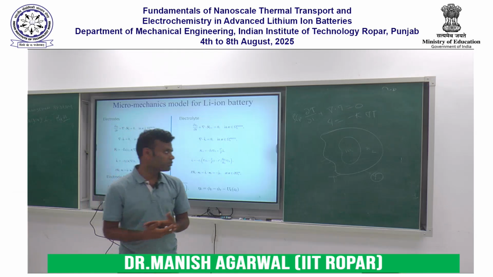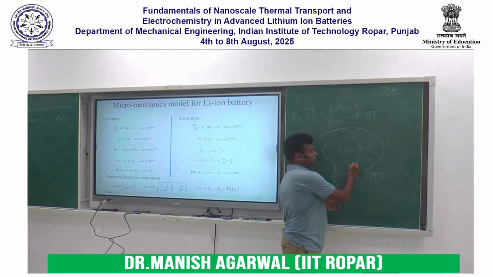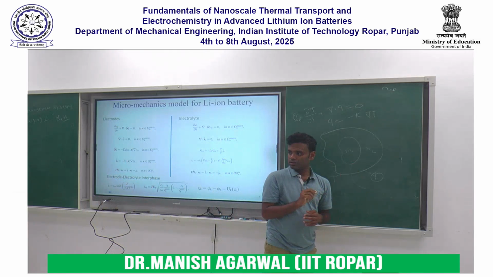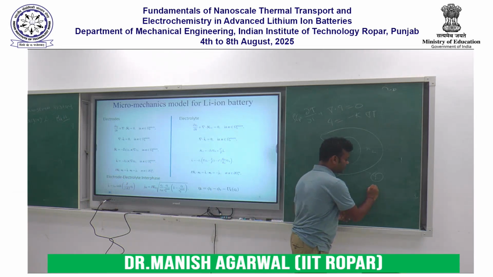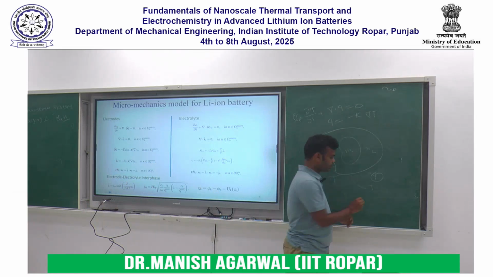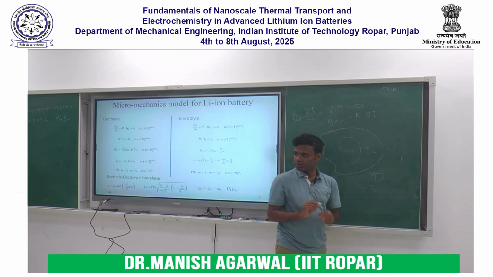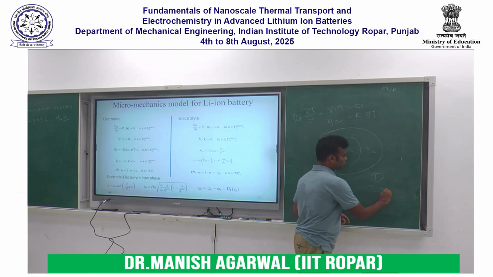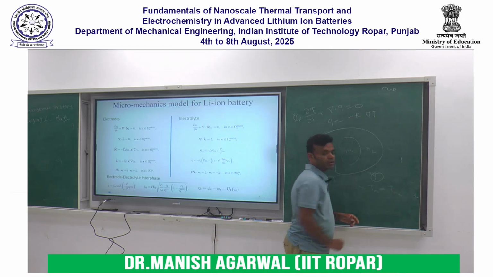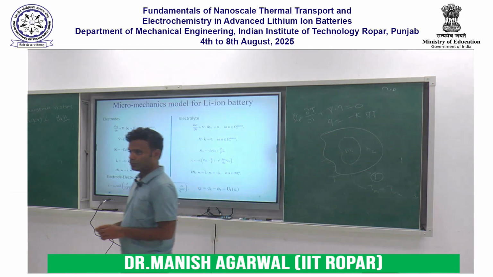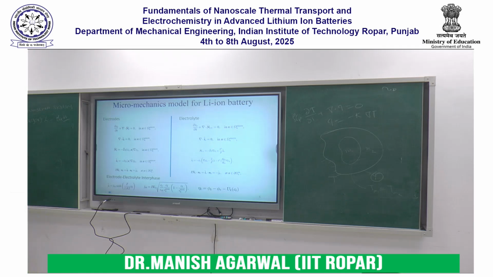So in case of a thermal problem, at the interface, the condition is that the temperature in the M1 domain at the boundary is going to be equal to the temperature in the M2 domain, okay? That means there is a continuity of the temperature field, okay?